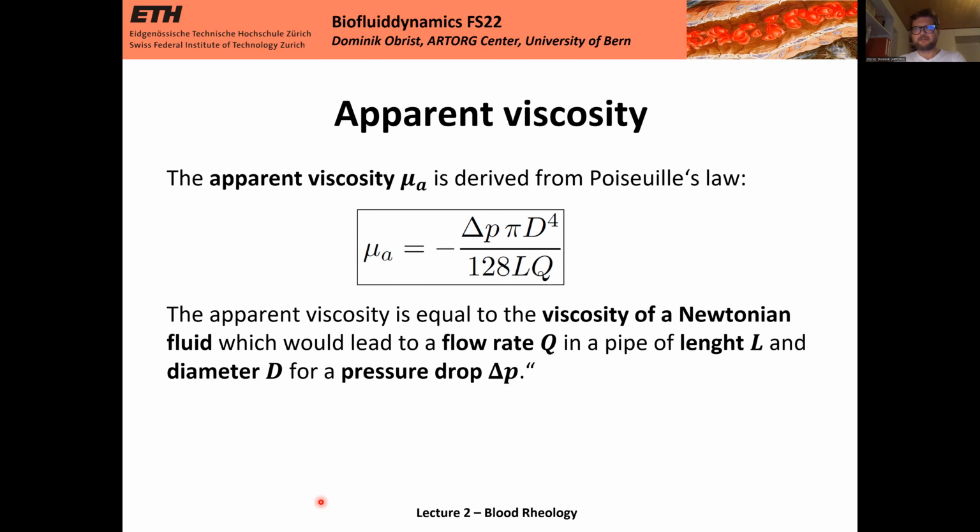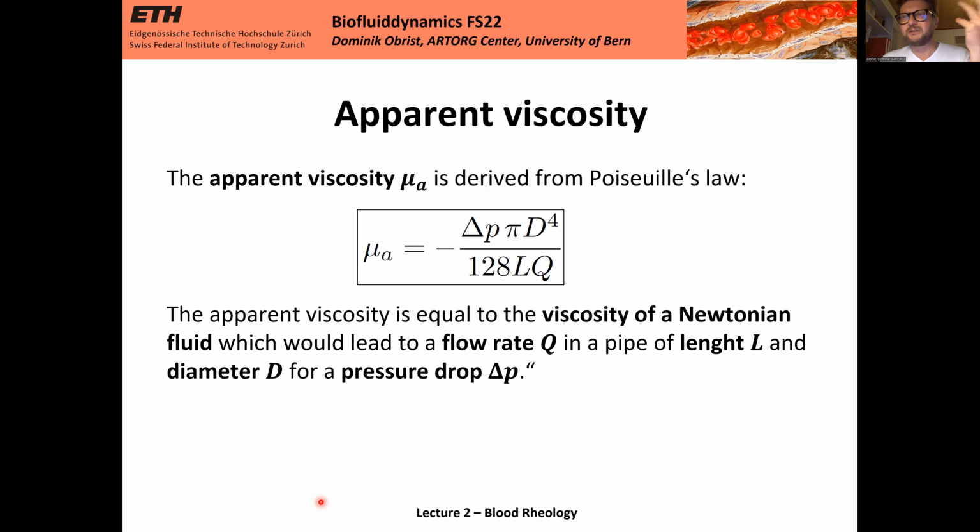There's one concept we need to learn or define. It's the concept of the apparent viscosity. And the apparent viscosity, if we describe it mathematically, is derived from Poiseuille's law, or this is how you can actually measure it.